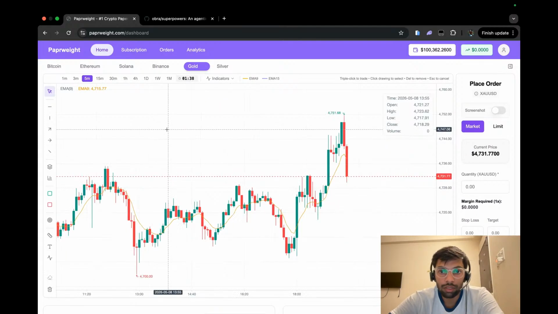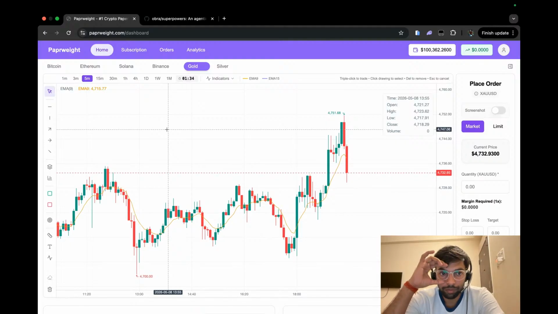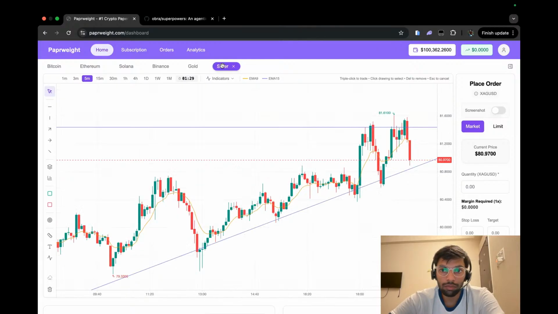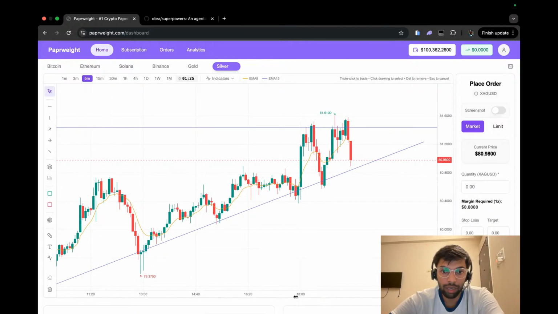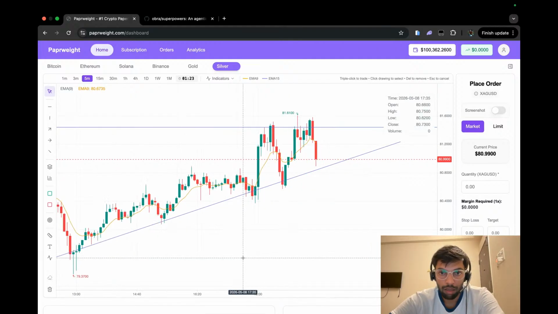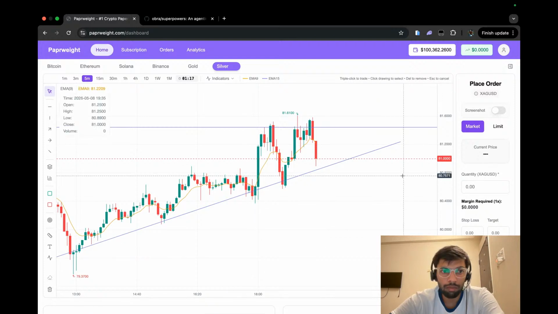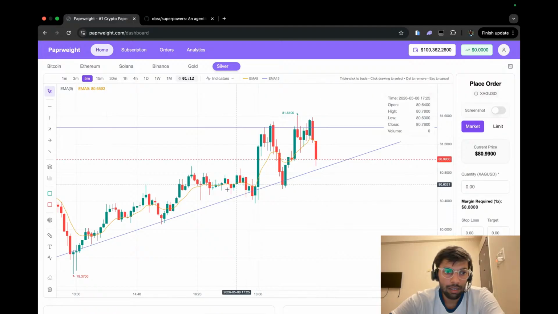Silver also came to its buying area, and I'm quite interested in buying silver. If I try to punch the trade in the... what is this?